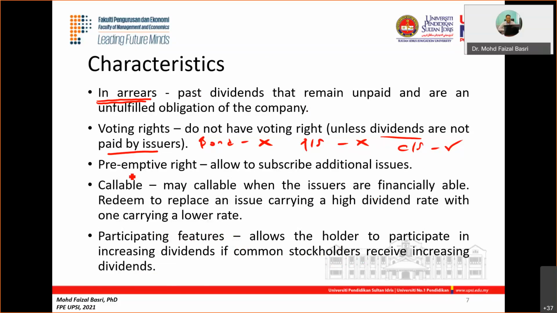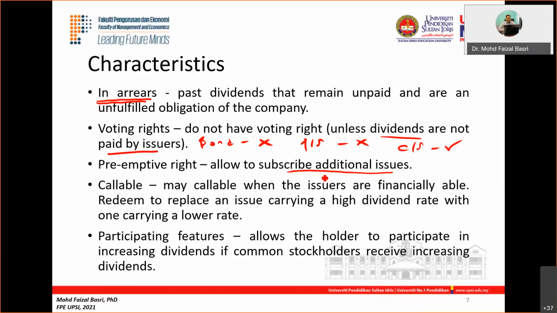Next, preemptive right. This preemptive right is applicable for preferred and common stocks only. Bonds don't have preemptive rights. What kind of preemptive rights? The right to subscribe to additional issuance of shares.